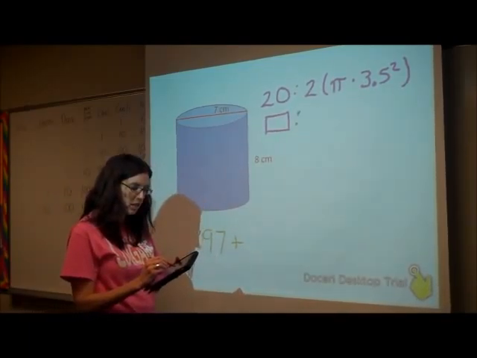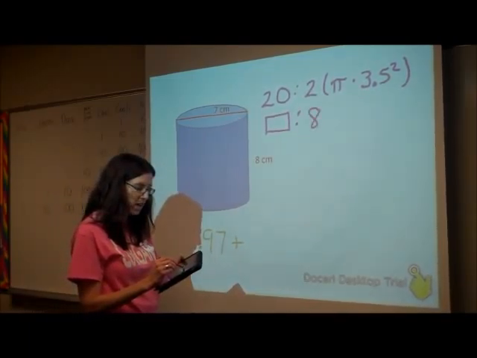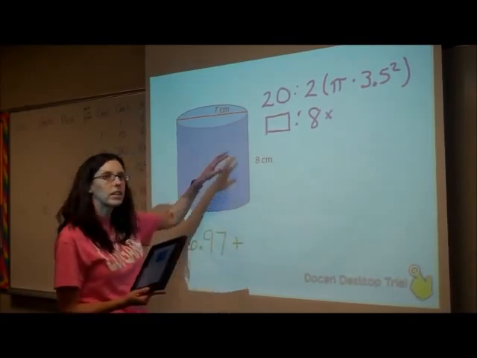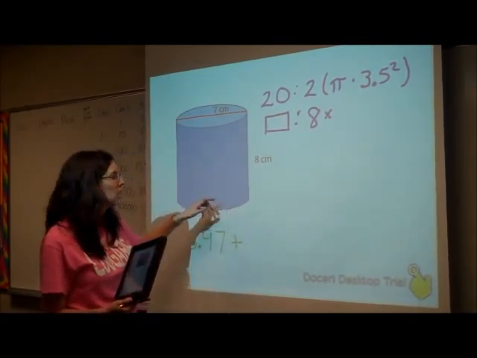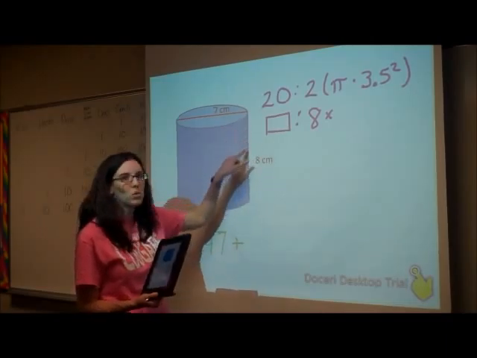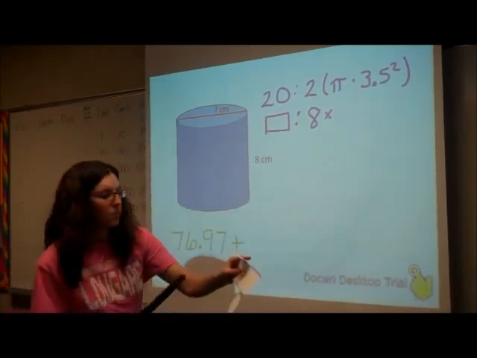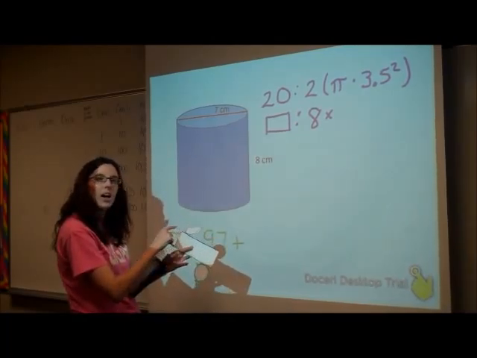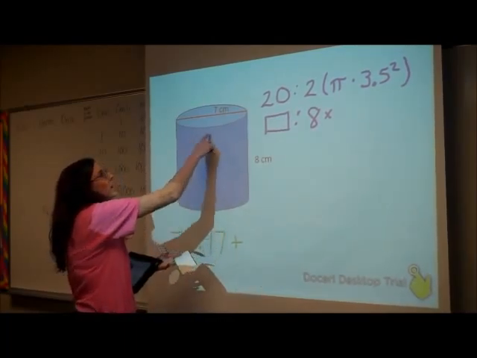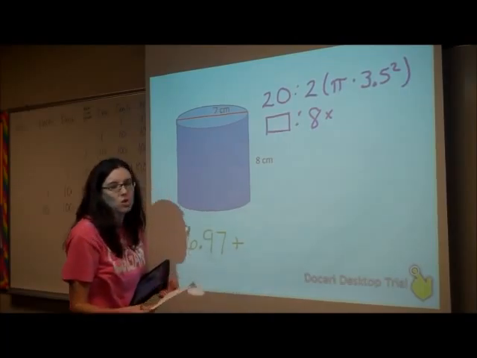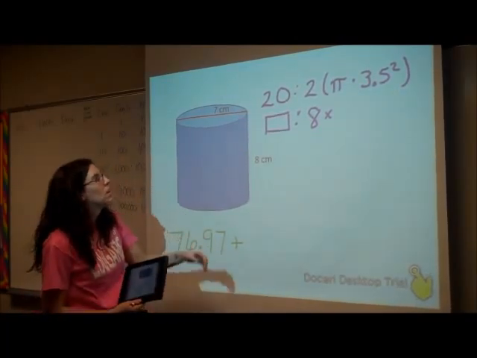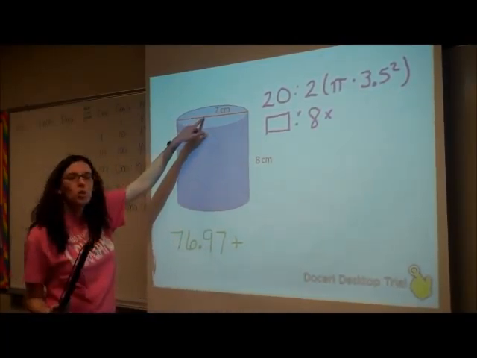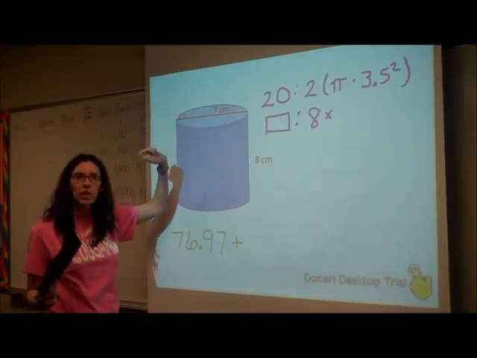Now, I need to find the area of my rectangle. Very easily, the height is 8. It's a rectangle, so base times height, or length times width. The height of it was 8, so this orange here was the 8. I need to find these other dimensions. Again, that's the circumference of this circle, which is pi times diameter, or 2 times pi times my radius.